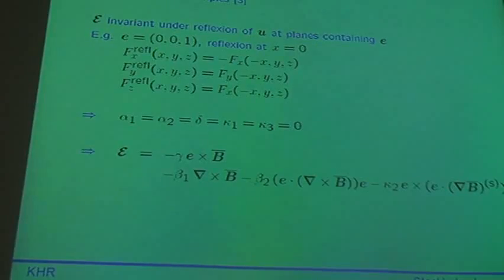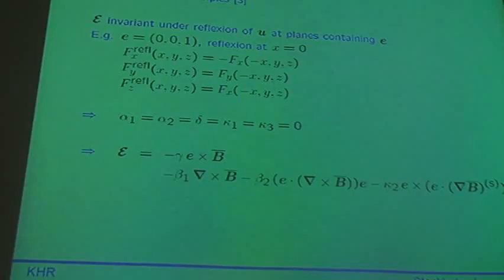introducing reflectional symmetry. Now, in the case of a gradient of the intensity, say the gradient points in the z direction, it is reasonable to consider reflections at a plane which contains the unit vector E. This is the direction of the intensity gradient.